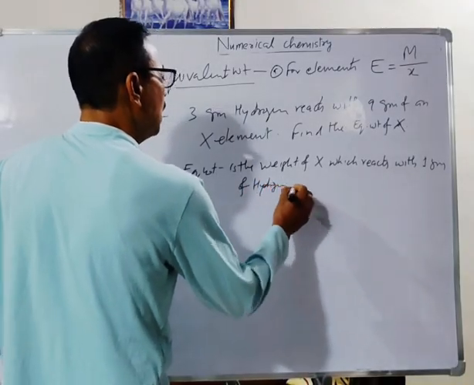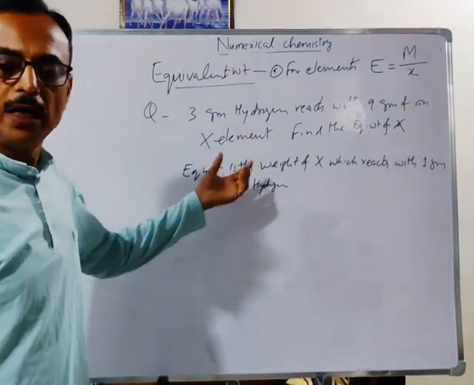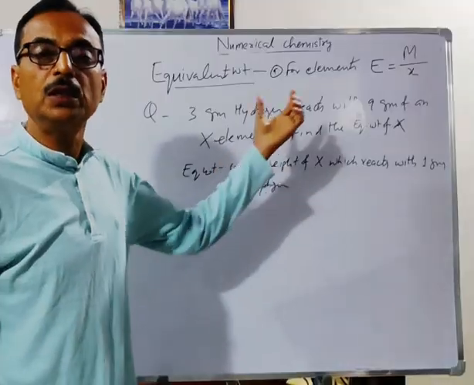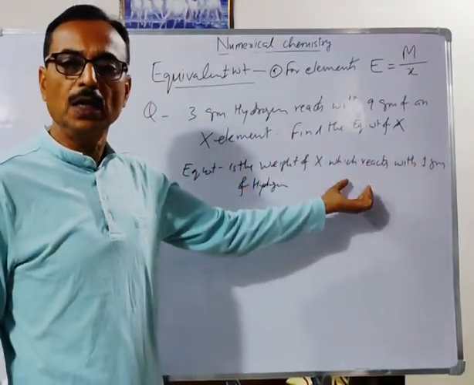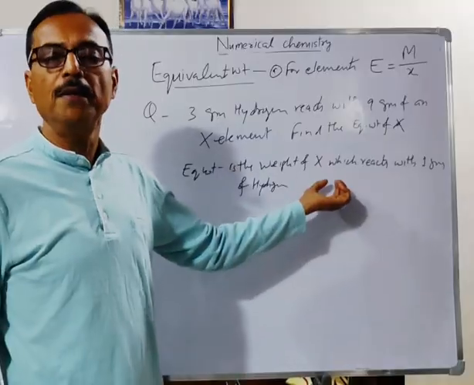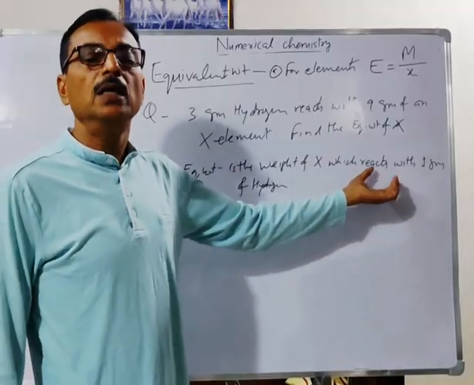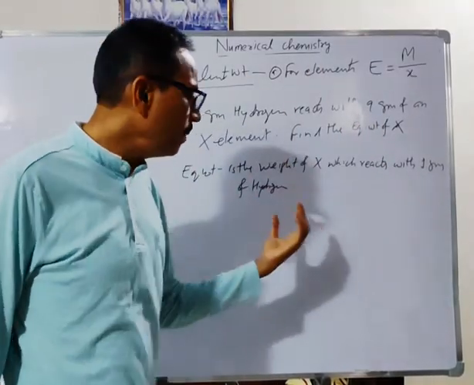You have seen earlier, for an element, the weight which reacts with 1 part of hydrogen, or 8 parts of oxygen, or 35.5 gram of chlorine is the equivalent weight of that element.